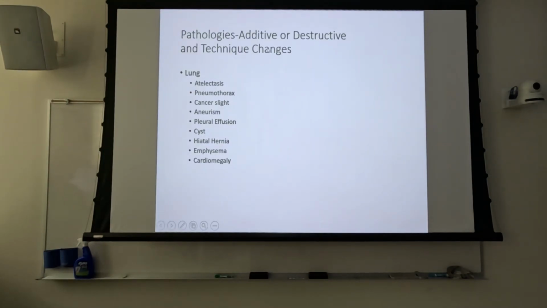Pathologies that can change your contrast and density or exposure. Remember, we've got additive or destructive pathologies. With any kind of additive pathology, that's adding tissue density essentially, so we have to increase something. Could be kVp, most of the time it's going to be mAs.